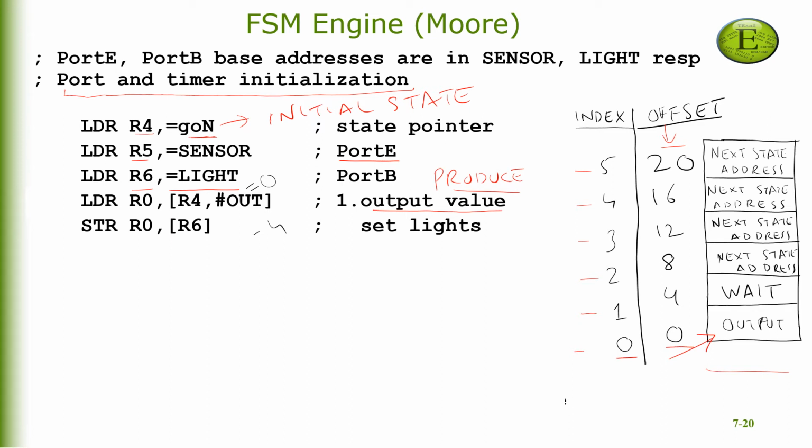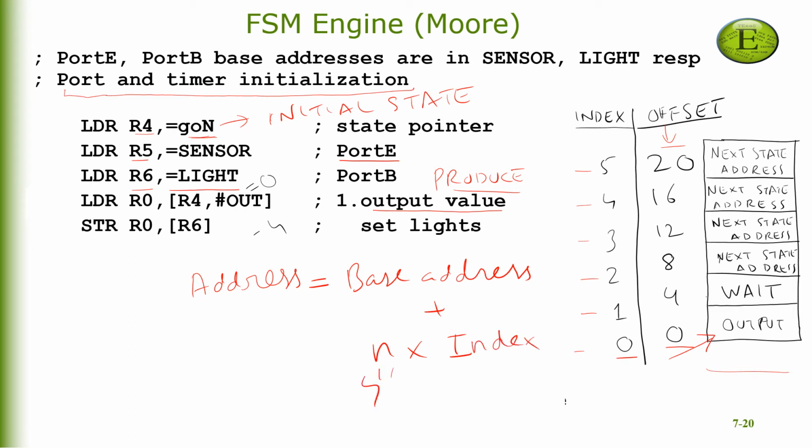So remember, the total address is the sum of base address plus n times I, where I is just the index and n is equal to 4. So essentially this is 4 times index because our precision is 32 bits.